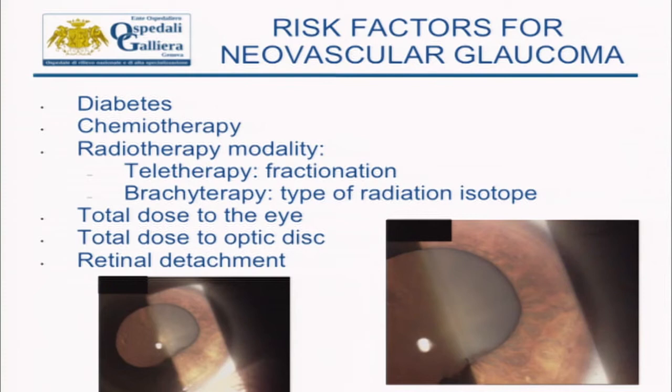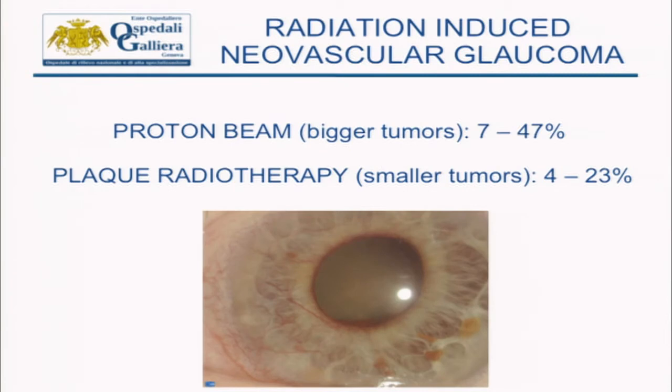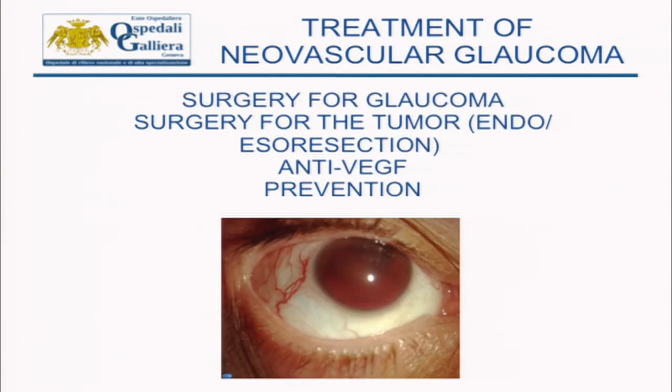And on the other hand, we have to see if the patient has diabetes, the type of treatment, the modality, teletherapy or brachytherapy, whether the volume of the radiotherapy is high, and the retinal detachment. Of course, with photon beam, we have more risk of neovascular glaucoma because normally we can treat bigger tumors than with plaque, mainly the ruthenium plaque.